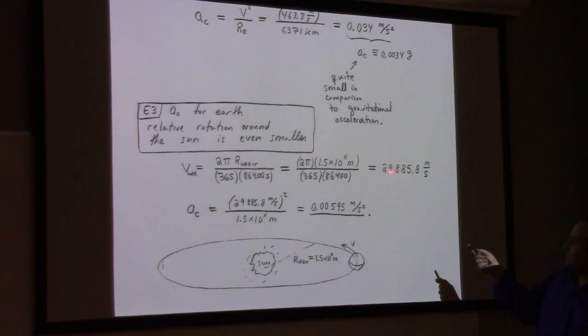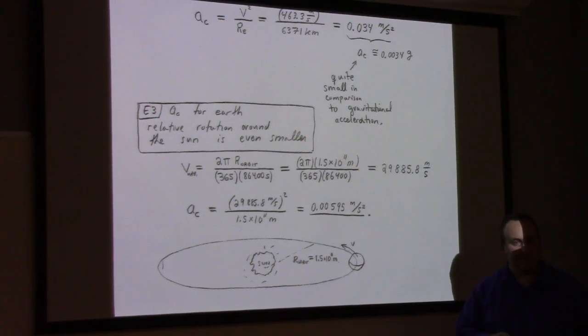Our tangential velocity with respect to the Sun, Earth's orbital motion, is almost 30,000 meters per second. Yowzers. And yet the distance is so far that the centripetal acceleration of the Earth around the Sun is still just 0.00595 meters per second squared.